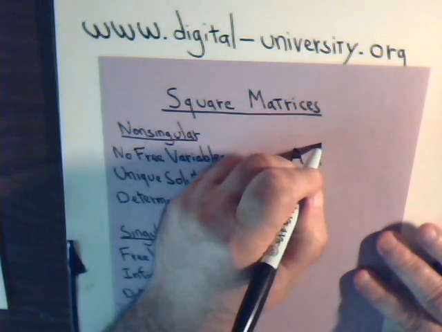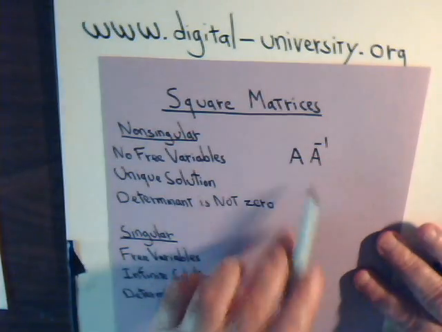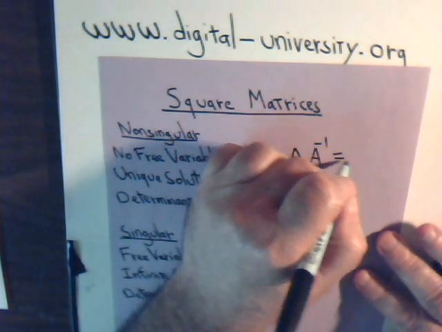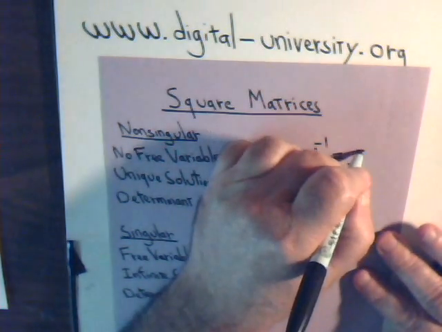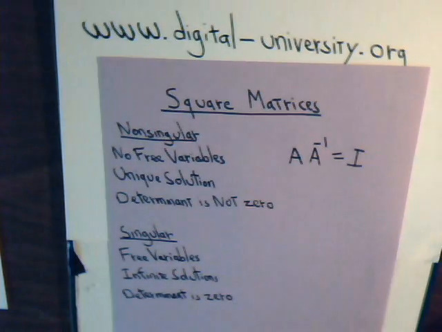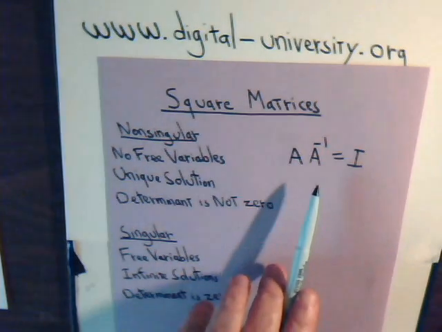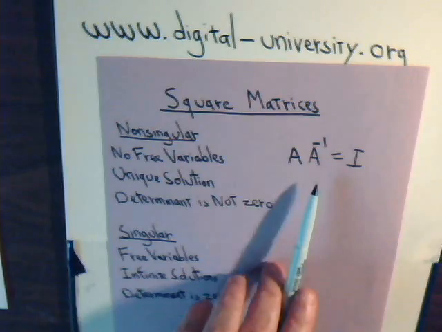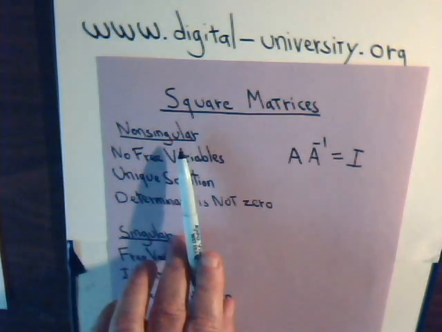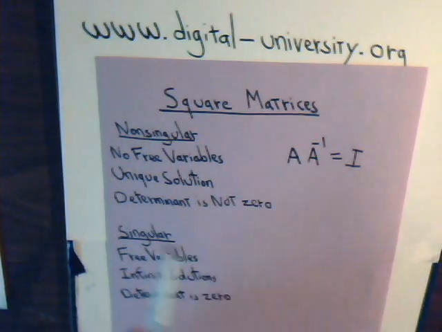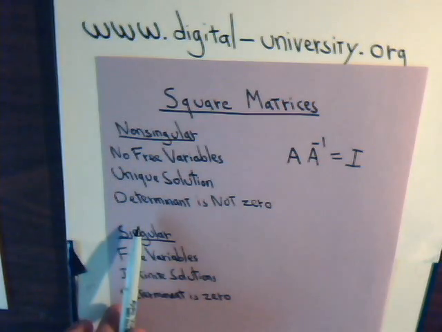We call it its inverse, so that when we multiply it by its inverse, we get the identity matrix. And it turns out that this is really the fundamental definition of a non-singular matrix. And from this property, all these other properties follow.